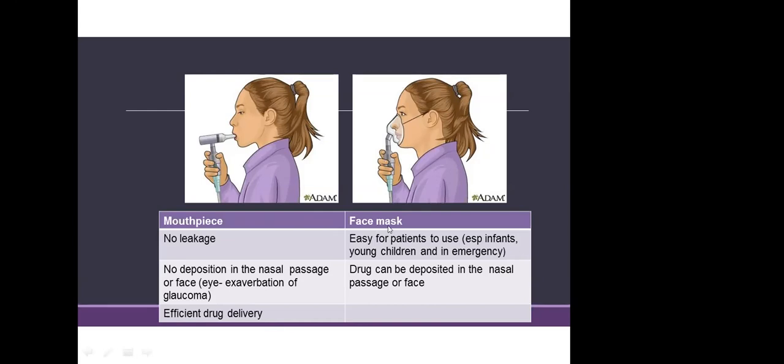However, a face mask can easily be used for the patient, especially in infants, young children, and in emergency. The disadvantage of the face mask is the drug can be deposited in the nasal area or the face.